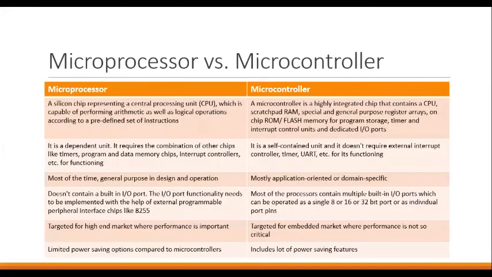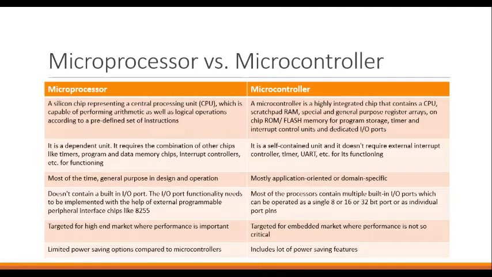So these are some of the differences, which are tabulated. A microprocessor is a silicon chip representing a CPU, which is capable of performing arithmetic and logic operations according to some instructions.